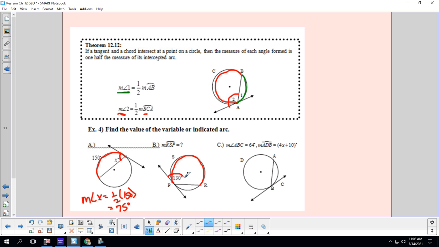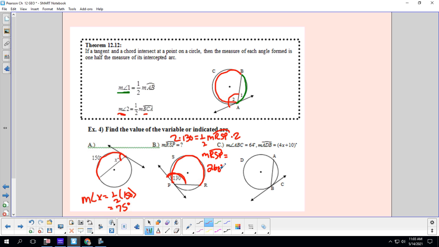Well, the angle that intersects it is 130. So we go 130 is equal to 1/2 the measure of RSP. So to get rid of a 1/2, we just times it by 2. So we're going to double 130. So the measure of arc RSP is equal to 260.